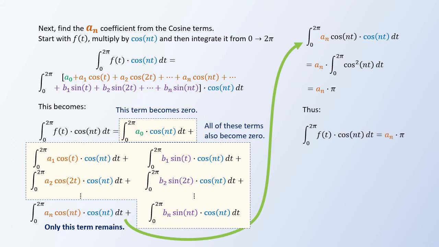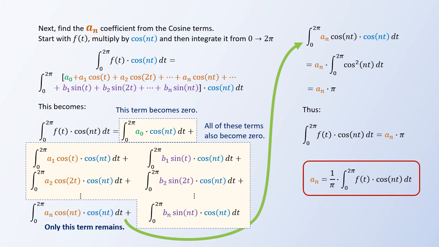And so the integral from 0 to 2 pi of f(t) times cosine nt dt is an times pi. Or if we write it in terms of what is an, we get this expression: 1 over pi times the integral from 0 to 2 pi of f of t, times cosine nt dt.